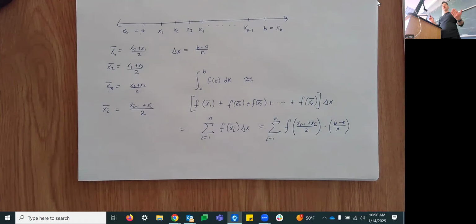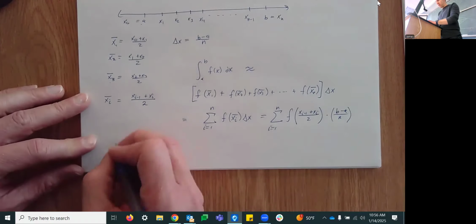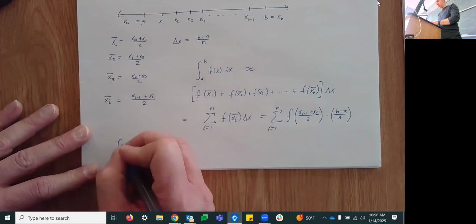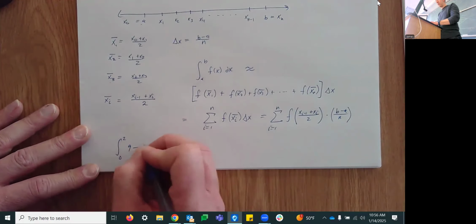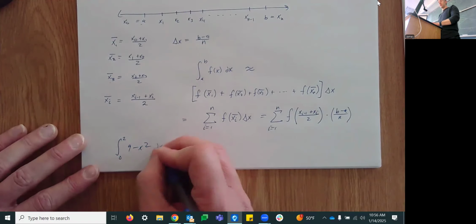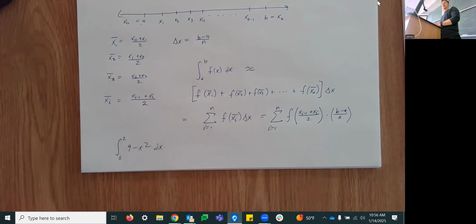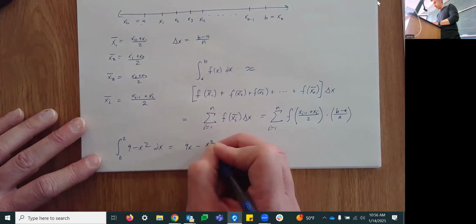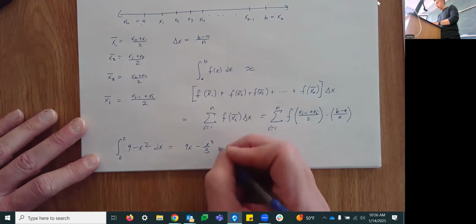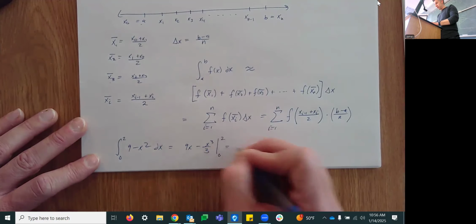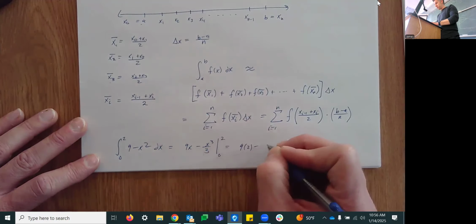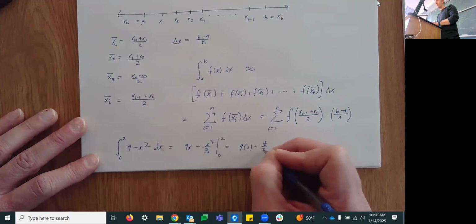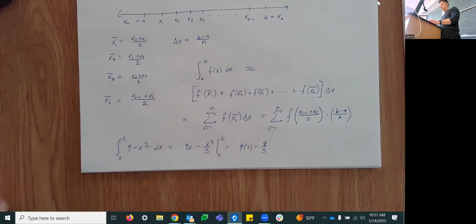So later on, after we've talked about the fundamental theorem of calculus, we'll say, hey, we can calculate the area from 0 to 2 of 9 minus x squared by using the fundamental theorem of calculus part 2, where you anti-differentiate each function. You get 9x minus x cubed over 3, and then you plug in your endpoints. So you get 9 times 2 minus 2 to the third, over 3.